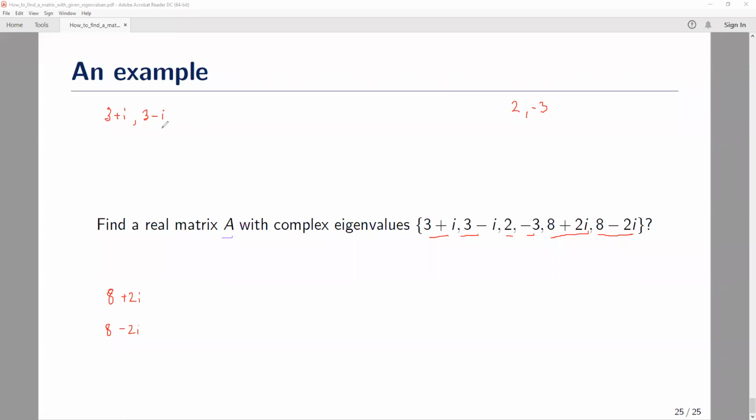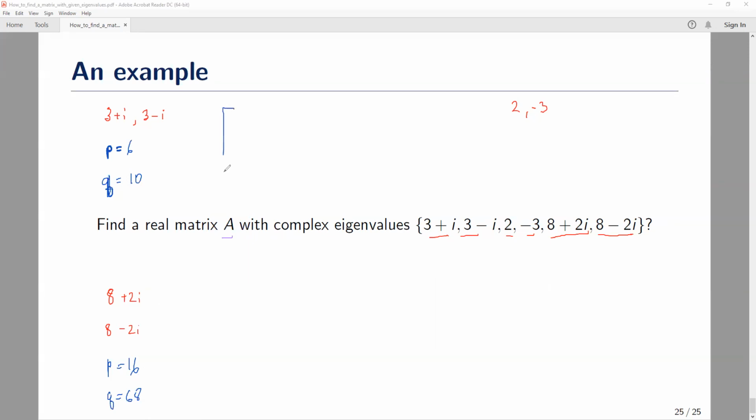Let's try to find this one. So trace P is equal to 6, right? And Q, the determinant, is the product of these, which we get 10. Here P is equal to 16 and Q, the determinant, is equal to 64 plus 4, 68. Pretty good.